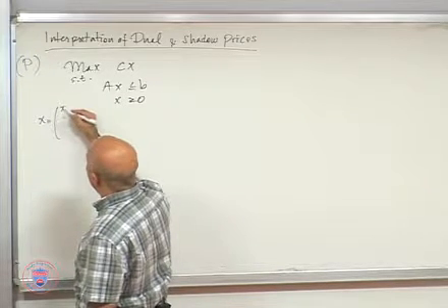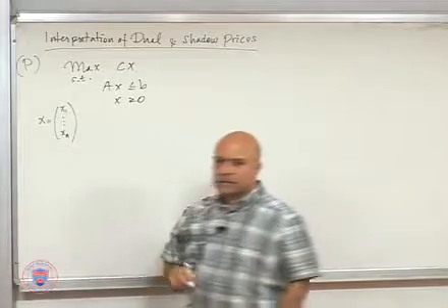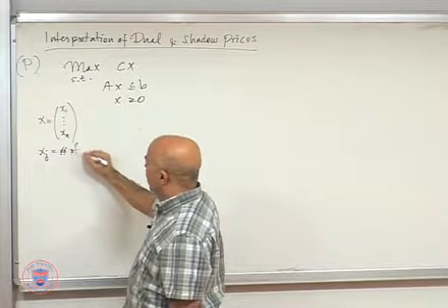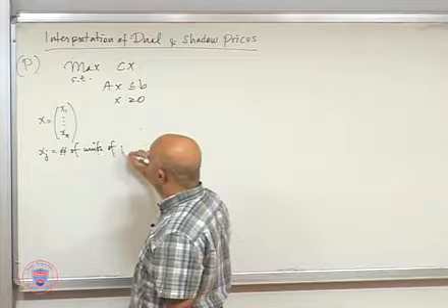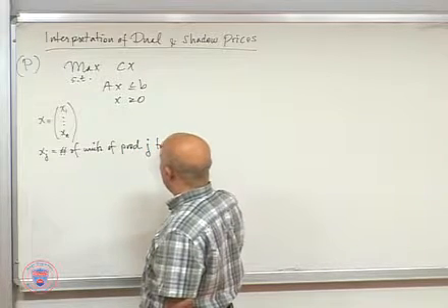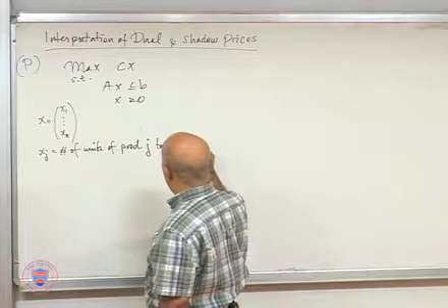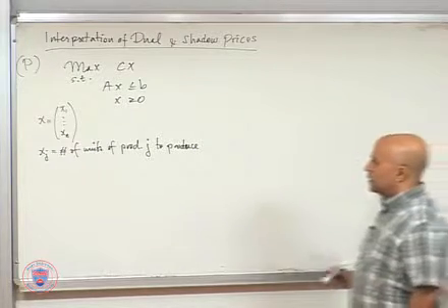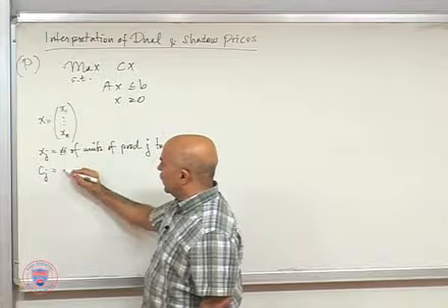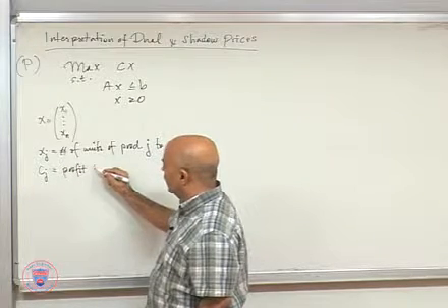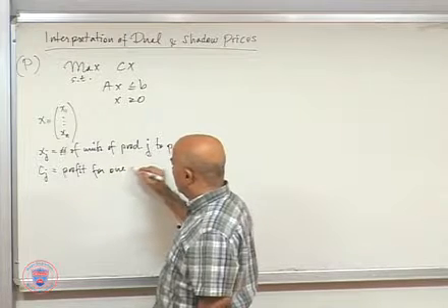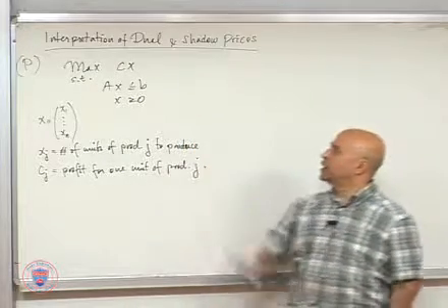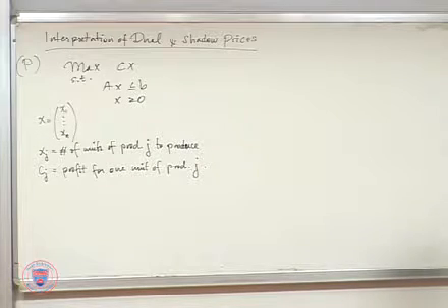X is a vector with n components, and we're going to interpret xj to be the number of units of product j to produce. So you are a firm that produces n different products. Cj is the profit level per unit of product j. So that CX stands for the maximization of the total profit.